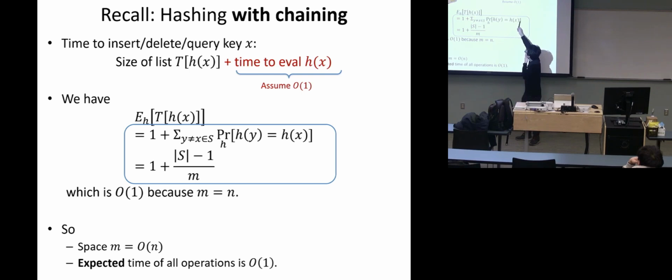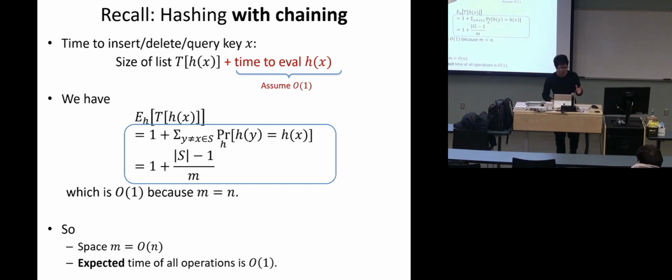We bound this. And we just want this to be small, 1 over m. So that's exactly the small collision property that we need. It's not 2-wise independent, it's not n-wise independent, it's just small collision, this weak property that we need.